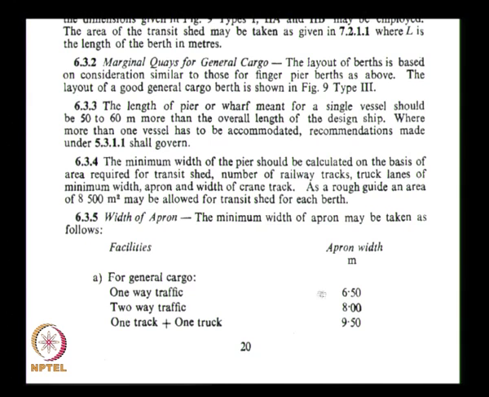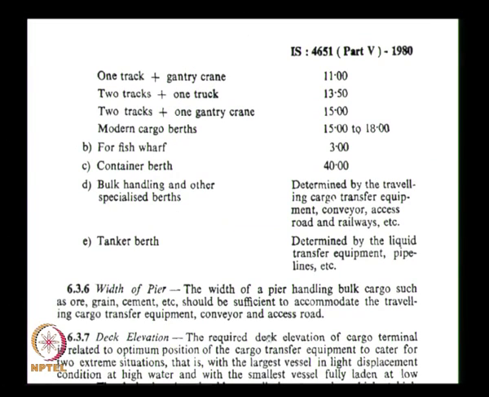Generally any berth cannot be less than 6.5. If you are using two way traffic for loading unloading, then you need 8 meters, but if you are using a one way traffic plus one truck, it should be 9.5 meters. One track plus gantry crane, that is the mechanical handling system.